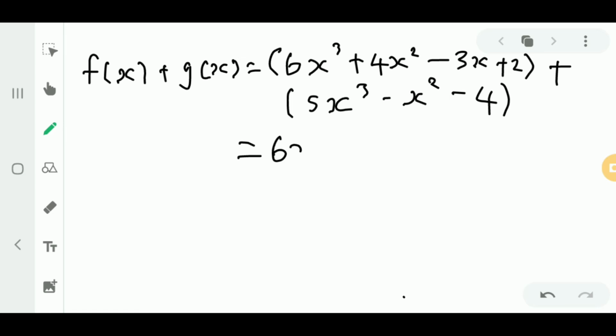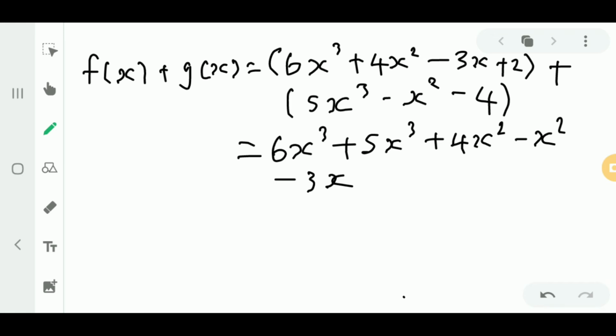So we have 6x cubed plus 5x cubed plus 4x squared minus x squared minus 3x plus 2 minus 4. So here we group the like terms and remove the brackets, everything in one. Because we have like terms, that means we're adding the coefficients.